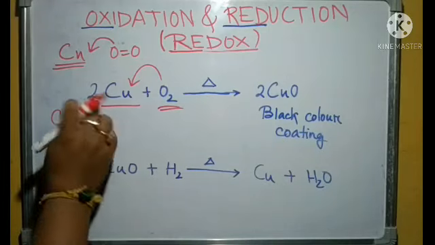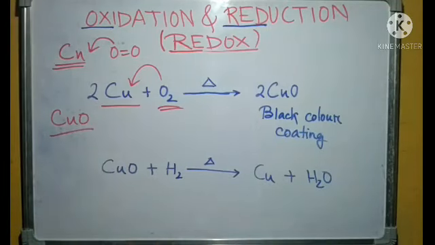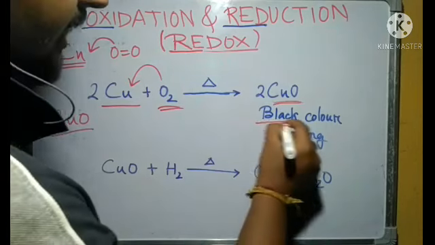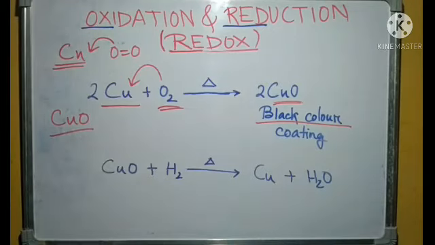Since we have two copper atoms, it will form two copper oxide molecules. This copper oxide which is formed is black in color. As soon as we heat the copper powder, we will see that some black color material starts to form, and that is copper oxide.